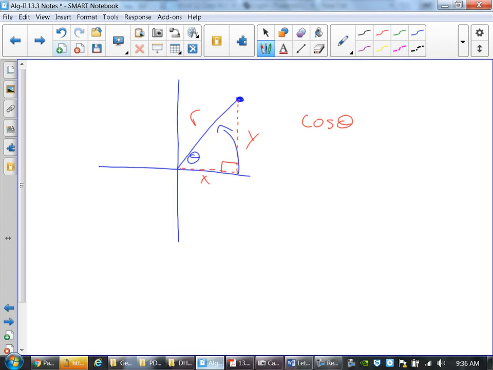X over r. What's the sine? What's the tangent? Then what are the reciprocals? You just flip them all. The reciprocal properties are all just flipped.